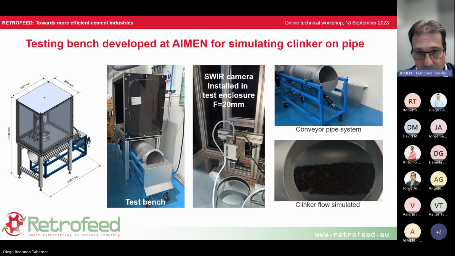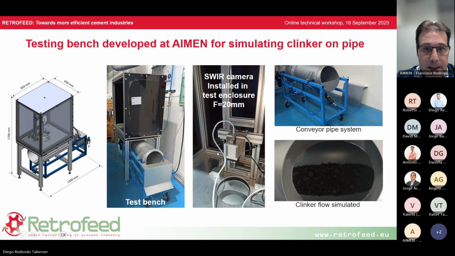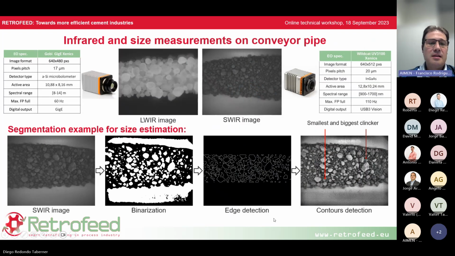So in the next slide, you can see some results that we have obtained with this test bench. On the left side, we have tested two different technologies of infrared camera.